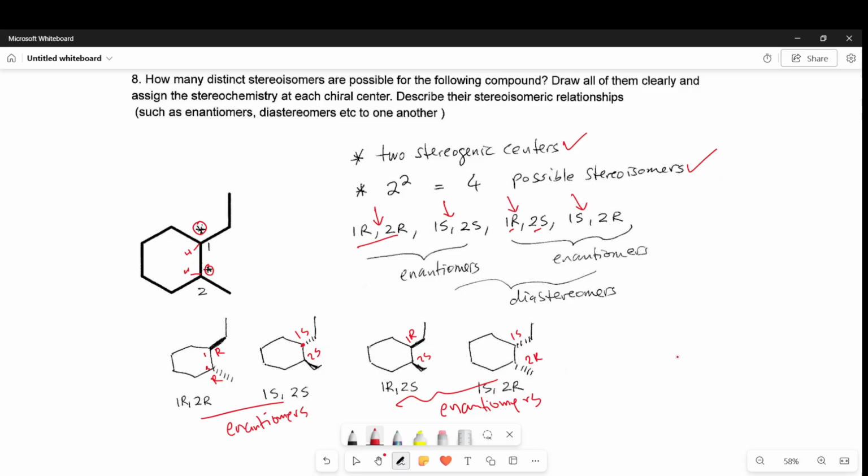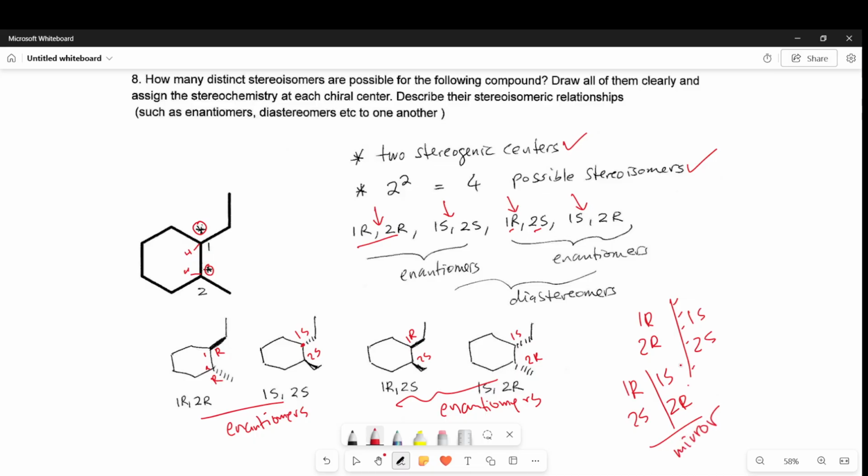So as you know, enantiomers are mirror images. So for example, 1R, 2R, its mirror image is 1S, 2S. So these are enantiomers, mirror images, like these ones. And 1R, 2S, its mirror image is 1S, 2R.